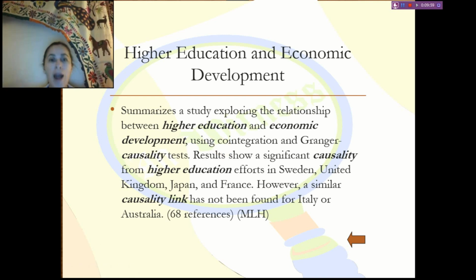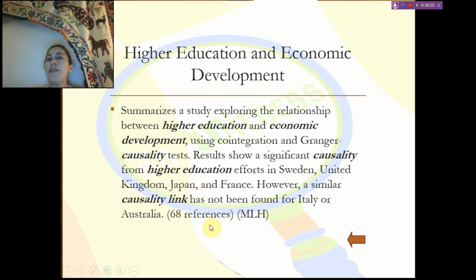I said, wow, this is exactly what I would like to do. And they found the results. There was a significant causality for higher education efforts in Sweden, United States, United Kingdom, Japan, and France. However, a similar causality link they did not find in Italy or Australia.